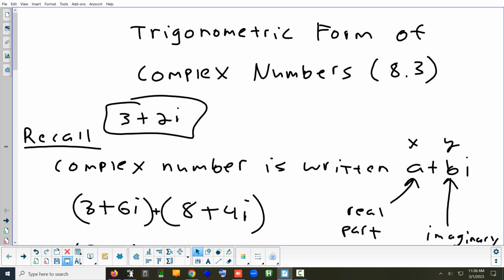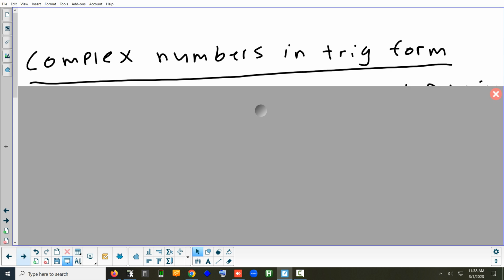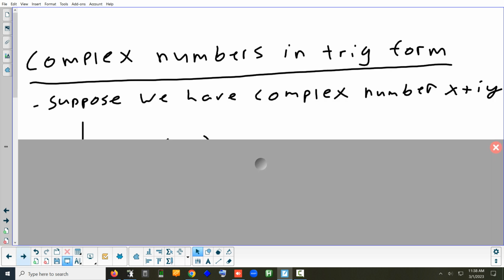You can use a and b, but I think x and y will make more sense. So let's suppose that we had a complex number written in standard form. And I know normally we put the i after the y. It's commutative, so it doesn't really matter where you put it. In standard form, you want it at the end. But for what I'm doing, I'm trying to make the formula match with what's going to be in your book. So I'm going to put the i before the y. x represents the real, y represents the imaginary.